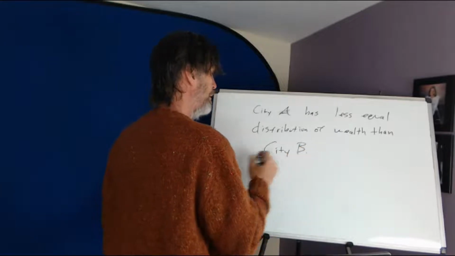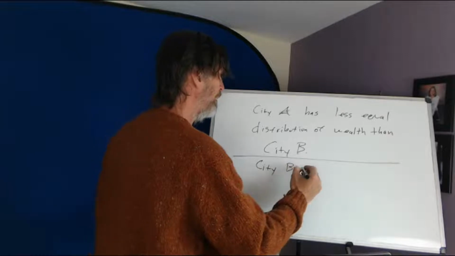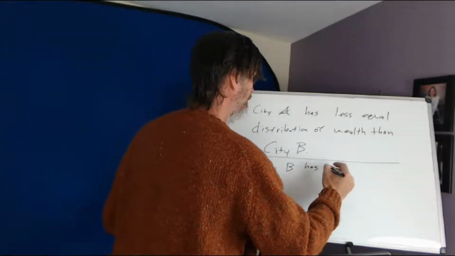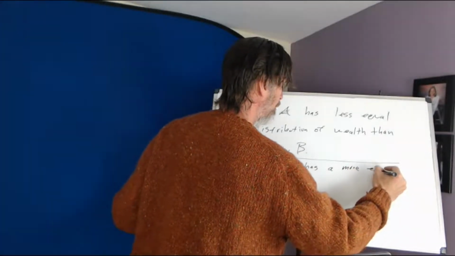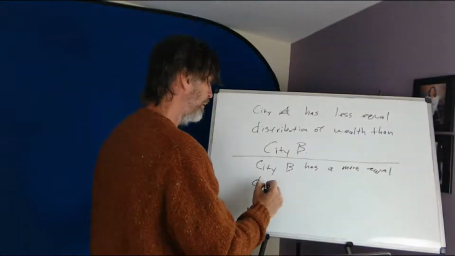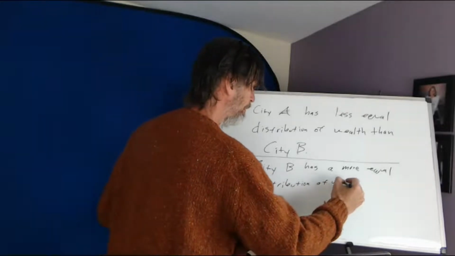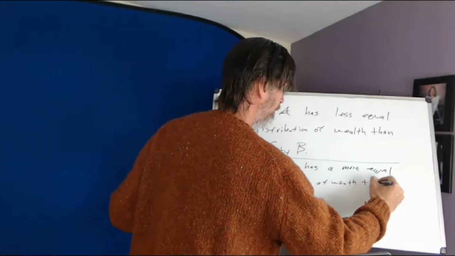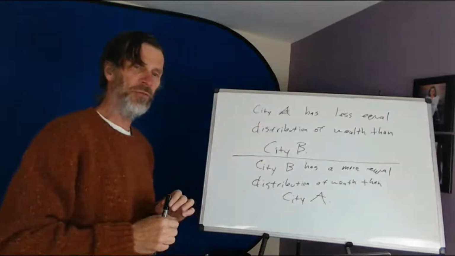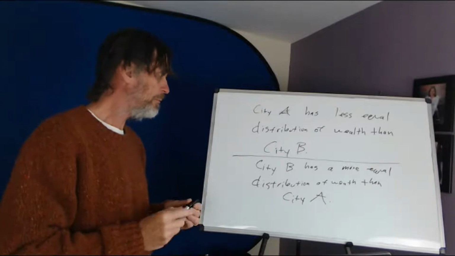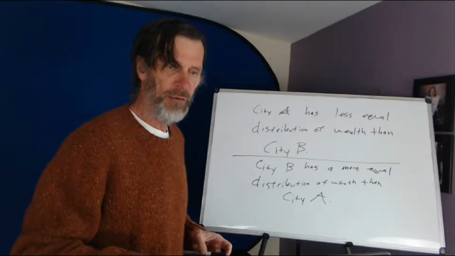And city B, alternately, has a more equal distribution of wealth than city A. Either of those will be just fine. Okay, the bigger the number, the less equal the distribution.